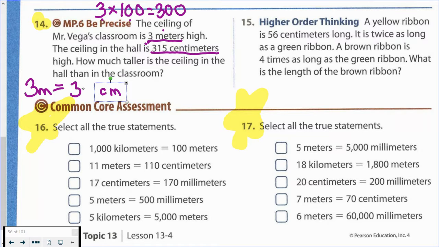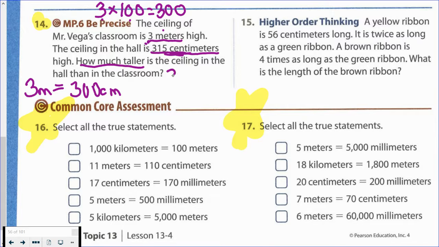So the classroom ceiling is 300 centimeters tall. The hallway ceiling is 315. So which one's taller, the hallway or the classroom? Well, the hallway is, but that's not what the question was asking. The question was asking us how much taller. So we have to find the difference.